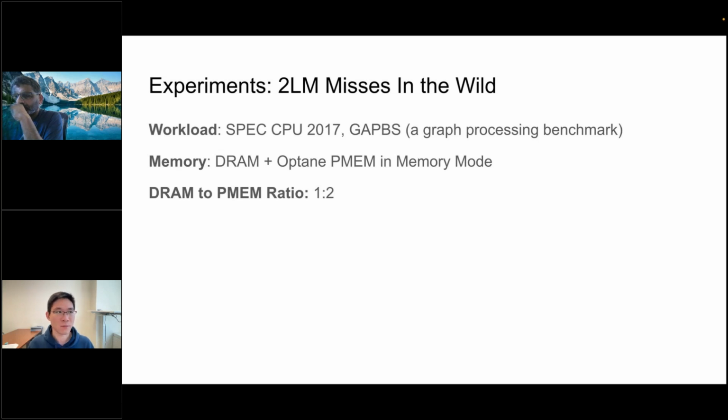I think it's a benchmark that includes, for example, scientific compute workloads and a graph processing benchmark. Because Optane is the only available two-level memory, we use Optane in our experiments. And we set the DRAM to PMEM ratio to be 1 to 2.